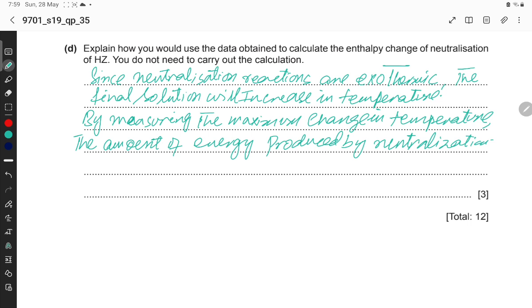The maximum change in temperature can be calculated by using the temperature maximum minus the average initial temperature of the two solutions, sodium hydroxide and Hg solution. So in this way we can calculate the change in temperature.